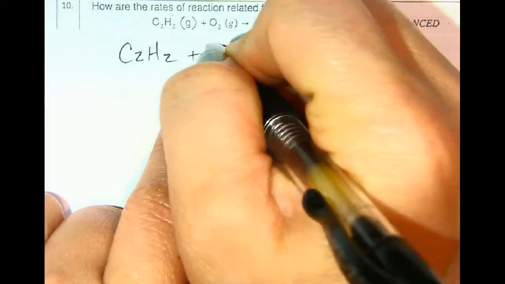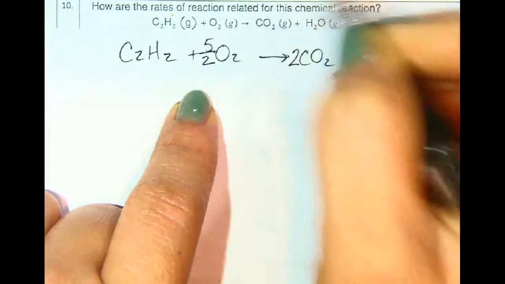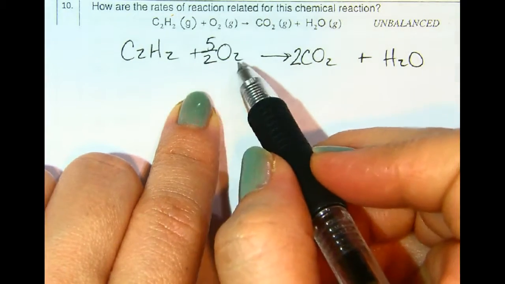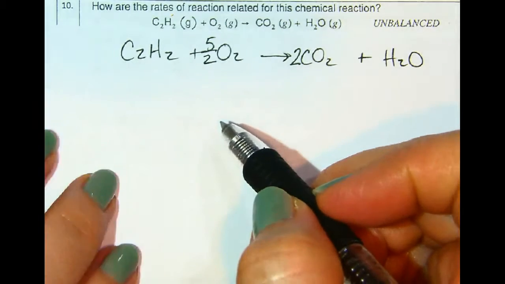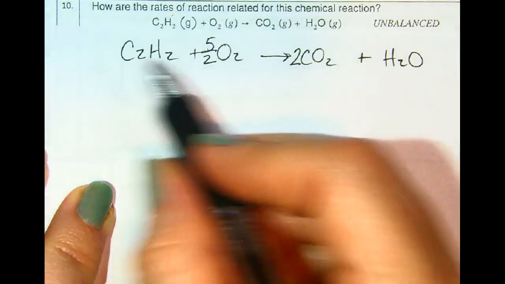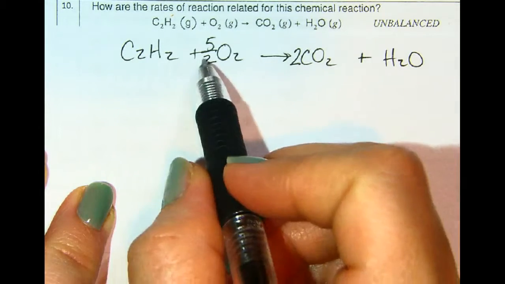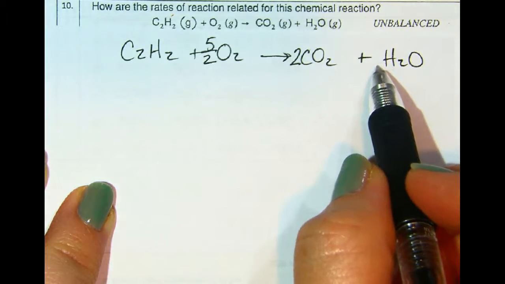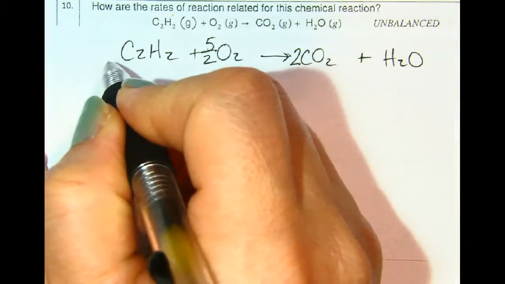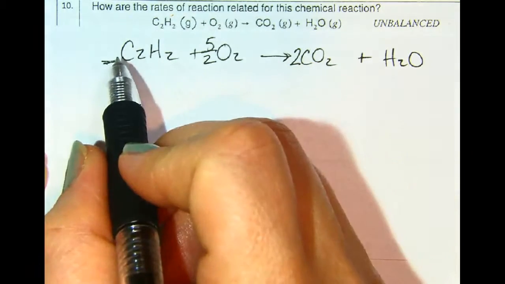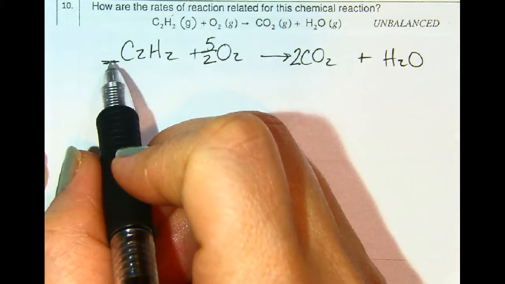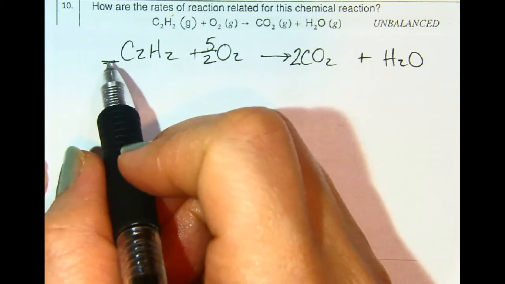So if I had 5 over 2, 5 divided by 2 times 2 is equal to 5, which balances my oxygens. If you had balanced the equation to get a 2, 5, 4, 2 ratio, you would actually want to reduce it so that you have a coefficient of 1 in front of C2H2.